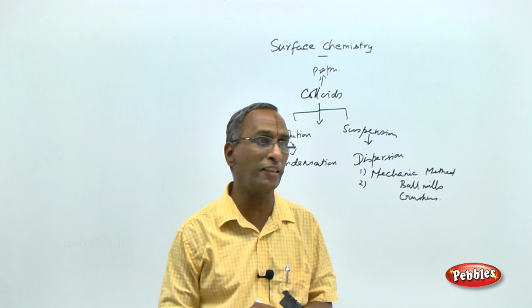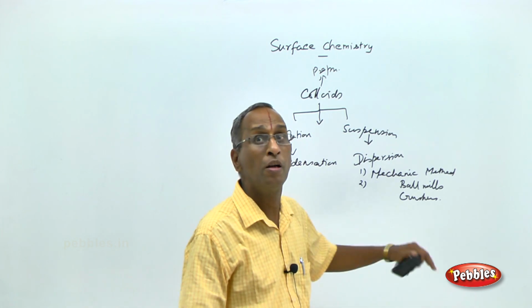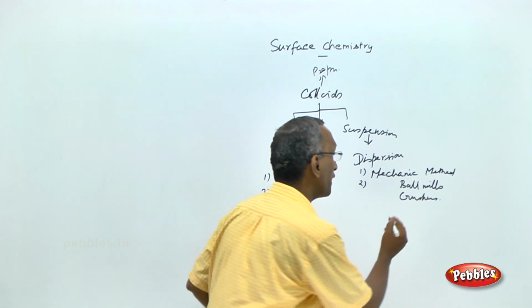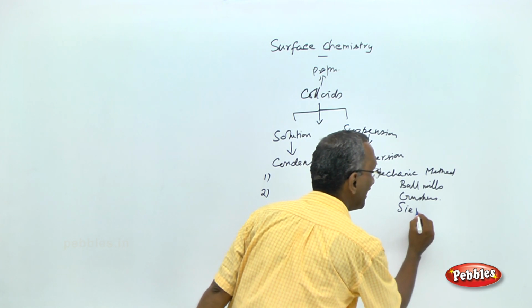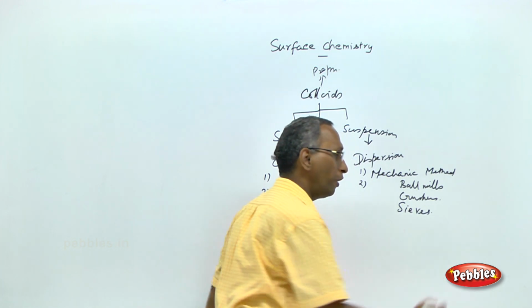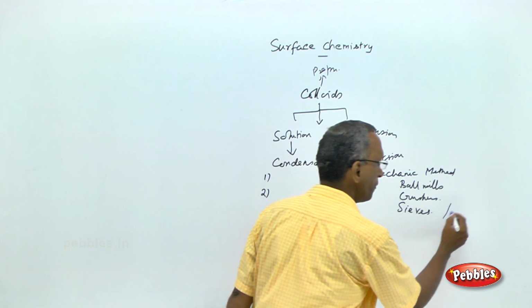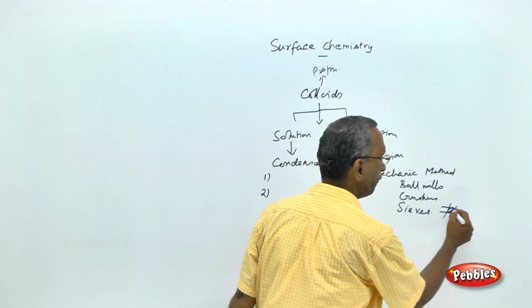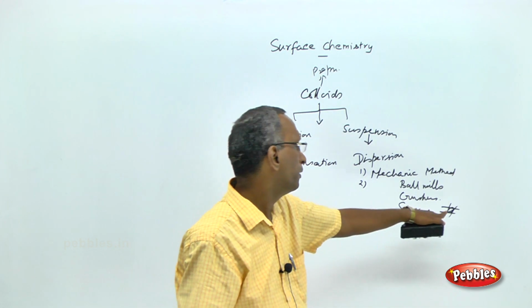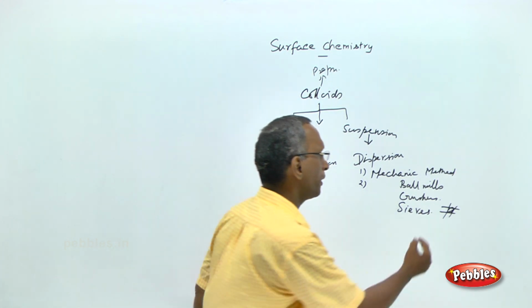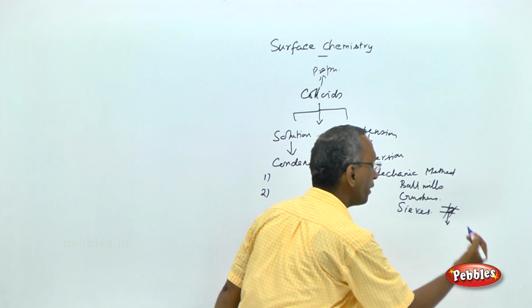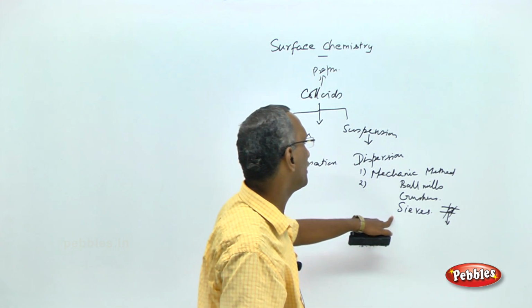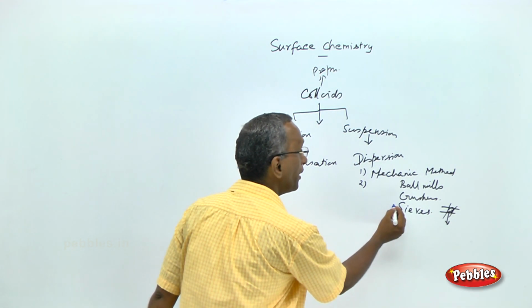Then the desired particle sized colloids are separated by sieving. Sieving is separation by passing through some mesh, so that particles larger than the pore size will be retained on the sieve bed, whereas particles of the colloids will come out of the sieve.